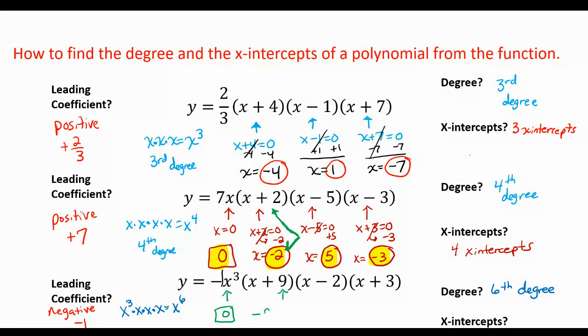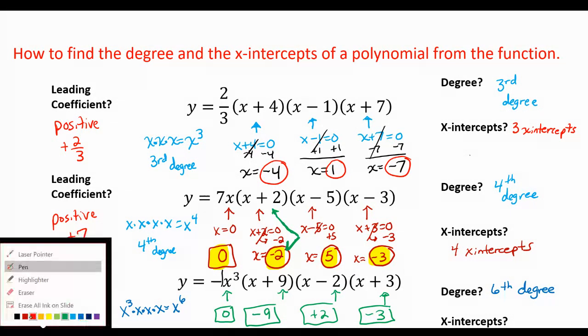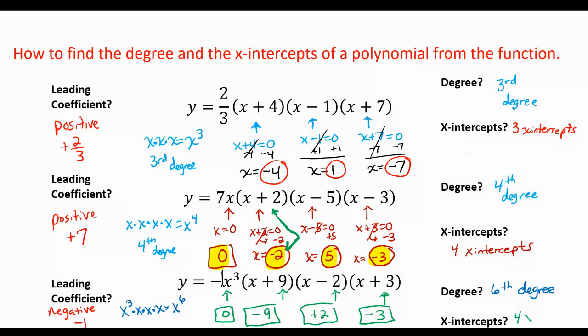So this one would be at negative 9. This one would be at positive 2. And this one would be at negative 3. So there's 4 x-intercepts. One at 0, negative 9, 2, and negative 3.